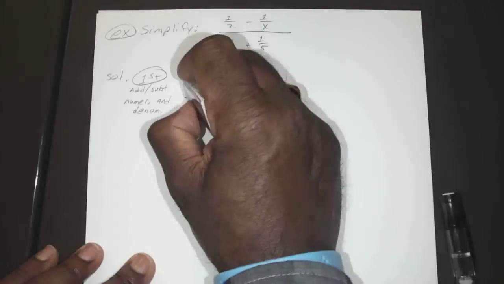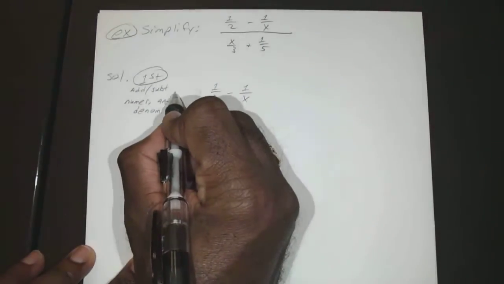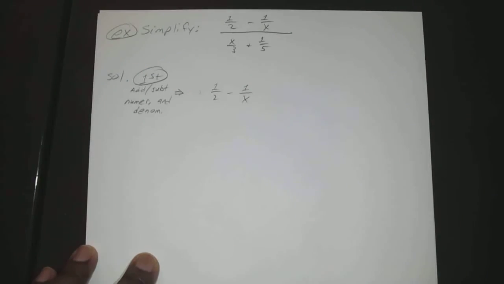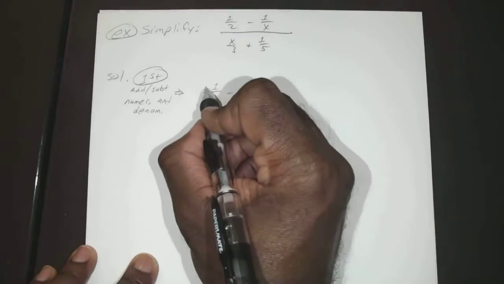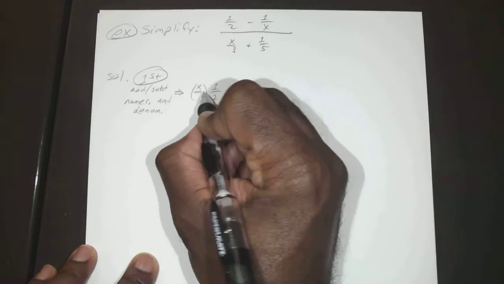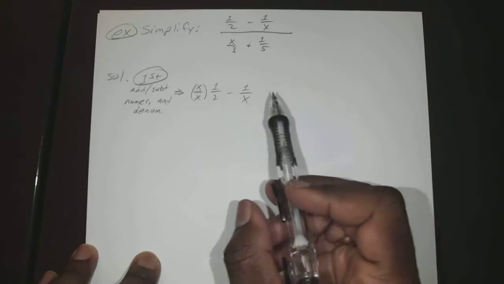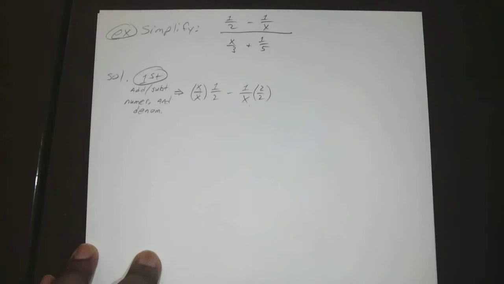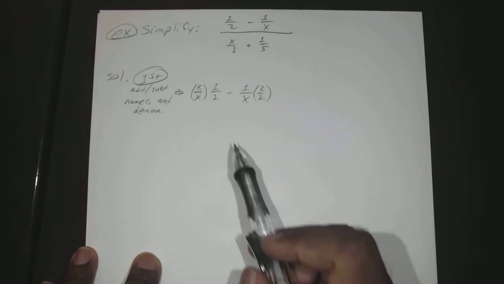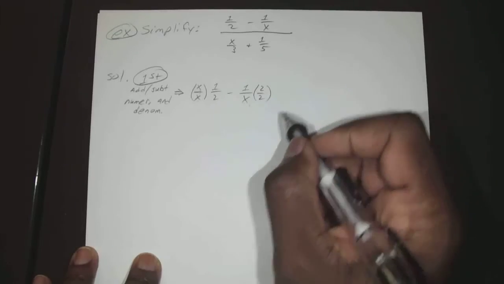Okay, so here we see we have an x over here, but we don't have 1 over here in this denominator. So we multiply this by x over x. We have a 2 over here, but we don't have 1 over here. So we multiply this one by 2 over 2. So we have 2x and 2x in the denominator.